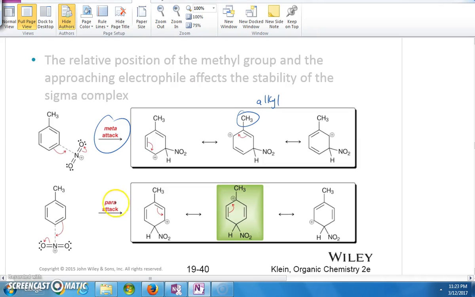On the other hand, if you look at the para attack, the positive charge is stabilized by the electron releasing effect of the alkyl group, and that leads to a significant lowering of the energy of the sigma complex.